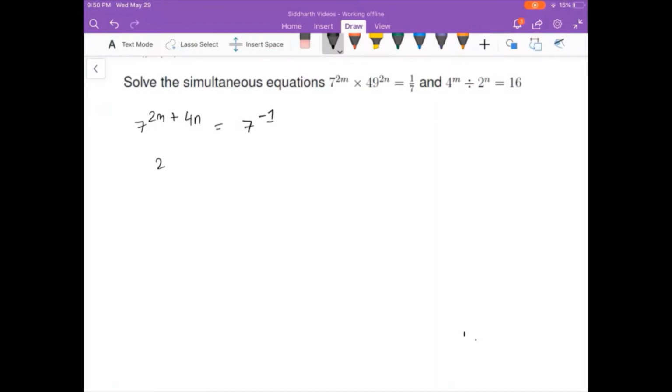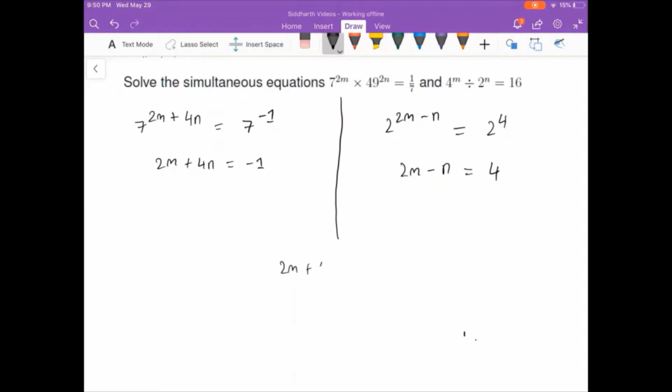Because the bases are same, we can equate the powers to get our first equation, that's 2m plus 4n equal to minus 1. For the second equation, 4 to the power of m is equal to 2 to the power of 2m, and dividing that by 2 to the power of n, we get 2 to the power of 2m minus n, and this is equal to 2 to the power of 4. So our second equation is 2m minus n is equal to 4.